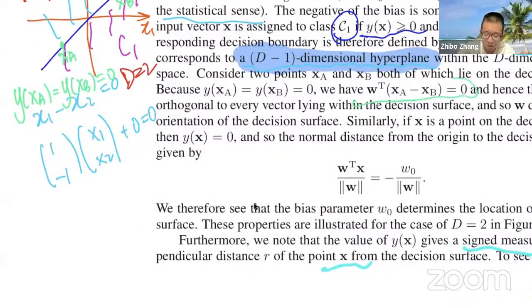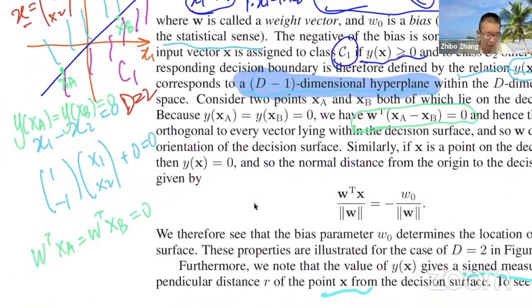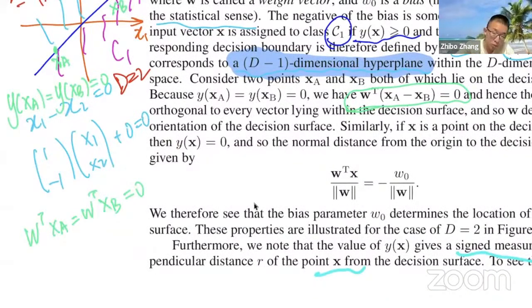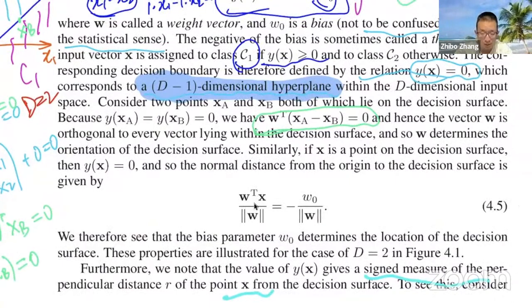If we write it out, W transpose xA equals W transpose xB equals 0. In our case, W0 is 0. So y(xA) is W transpose times xA, y(xB) is W transpose times xB, and both equal 0. If we put both terms on one side, it looks like W transpose (xA minus xB) equals 0, which is the exact form that the author writes here.